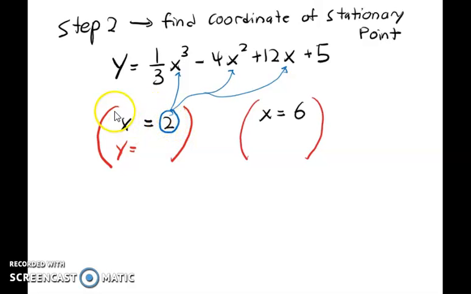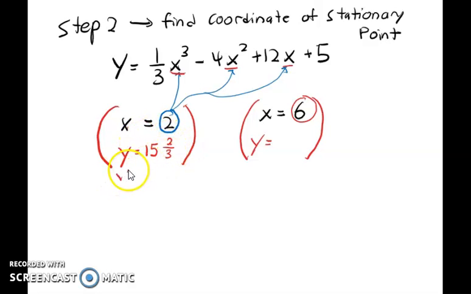After substituting x equals 2, we get y as 15 2/3, or as a decimal, 15.67. We do the same for x equals 6, substituting into every x, and we get y equals 5.